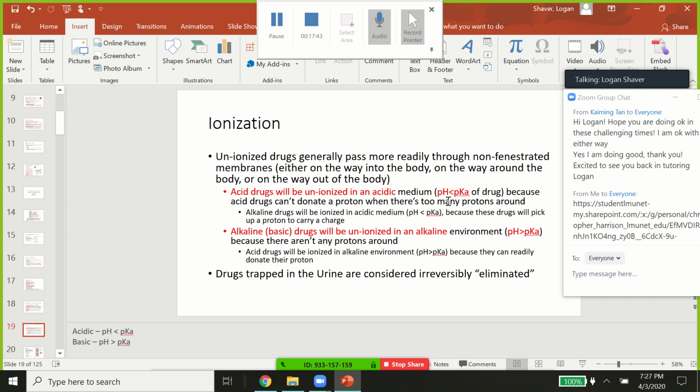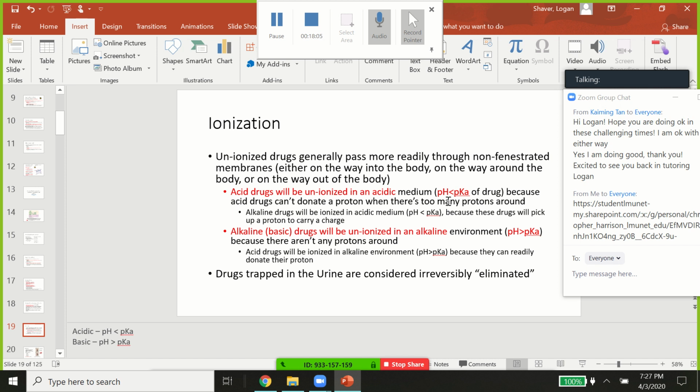However, if you had an acidic drug in a basic condition, like maybe the GI tract further down, then of course it's going to be ionized at that point, and therefore it would not be able to be absorbed as quickly.